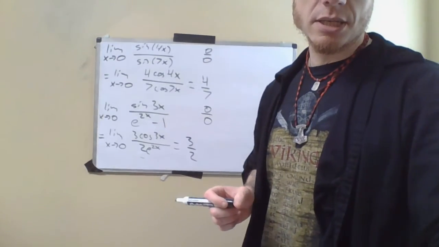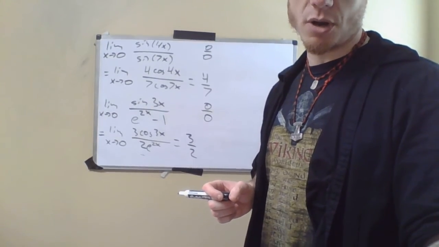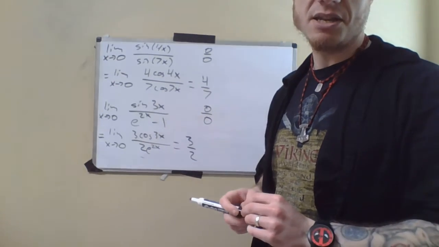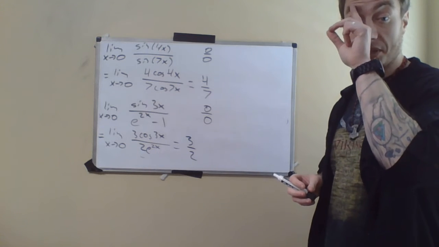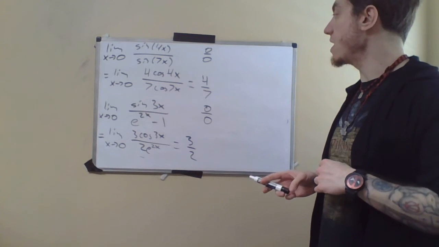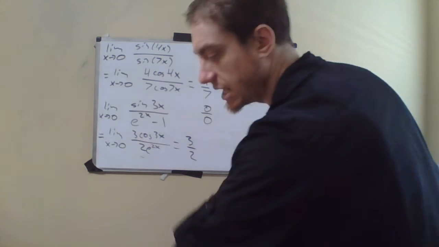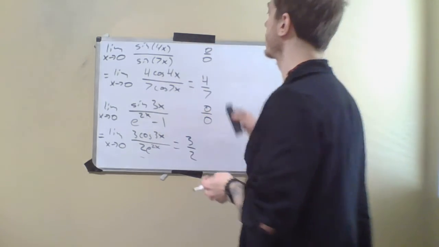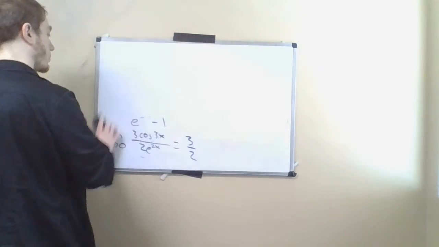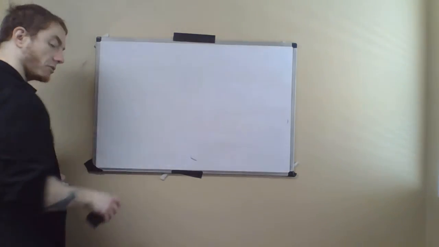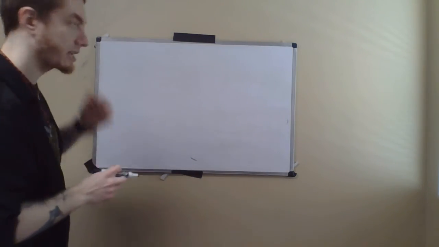Now, there's one more sort of indeterminate form that we need to consider. And this happens when we're dealing with indeterminate forms that involve powers. So let me write down the sorts of forms that I'm talking about.